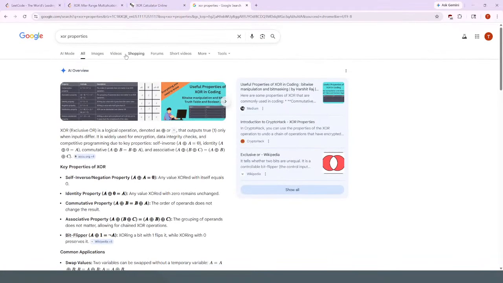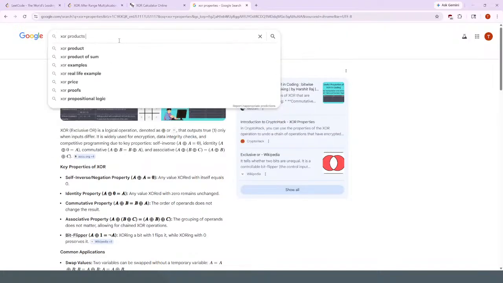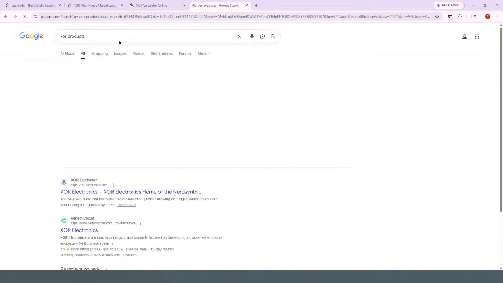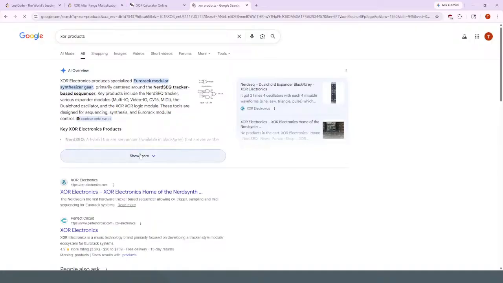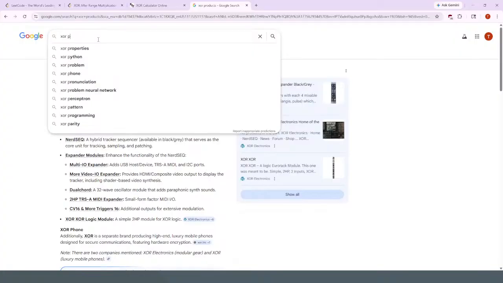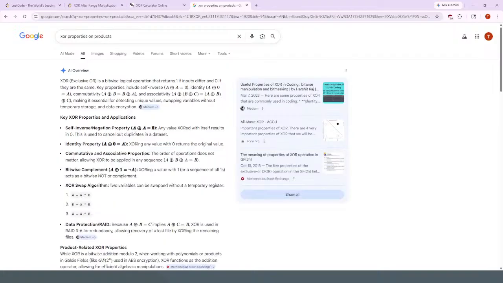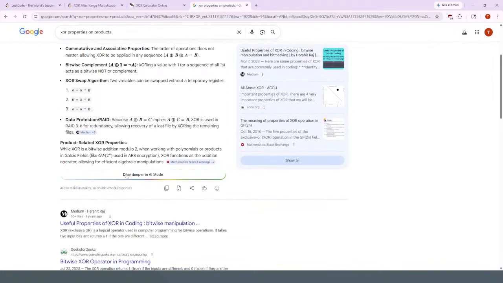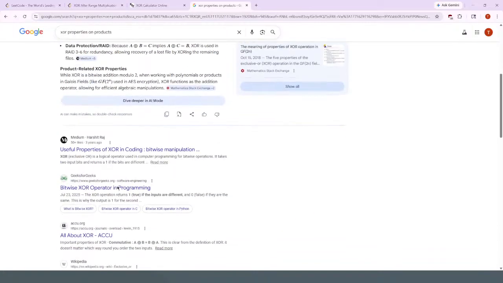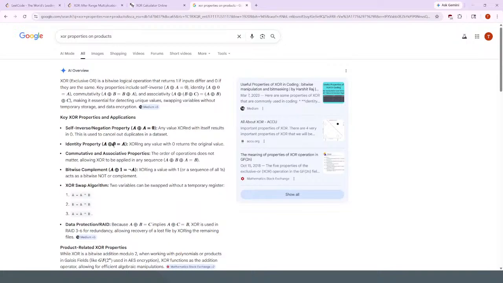XOR properties. XOR products. XOR properties on products.